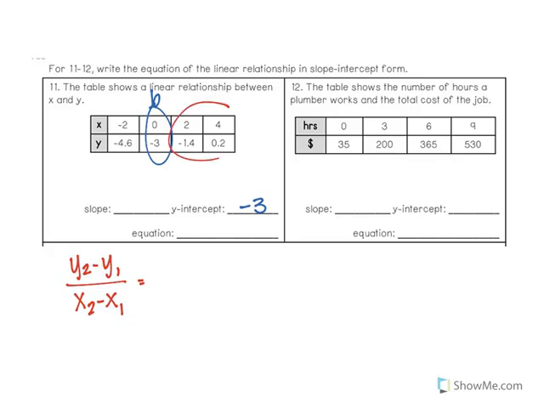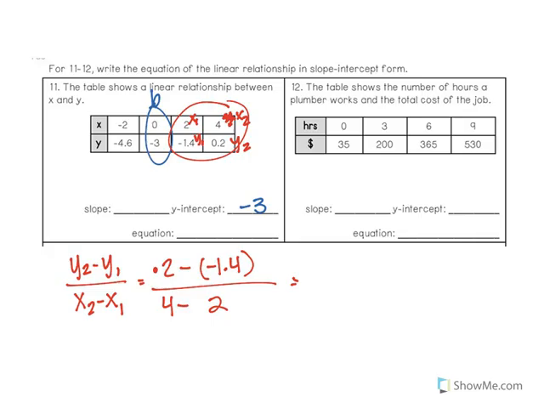I'm going to stay away from as many negatives as possible. This is y1, and then this is x2, y2. So now I can list y2 is 0.2 minus y1 is a -1.4 over x2, which is a 4, minus x1, which is a 2. Again, you could have used any of these points that you wanted to use.